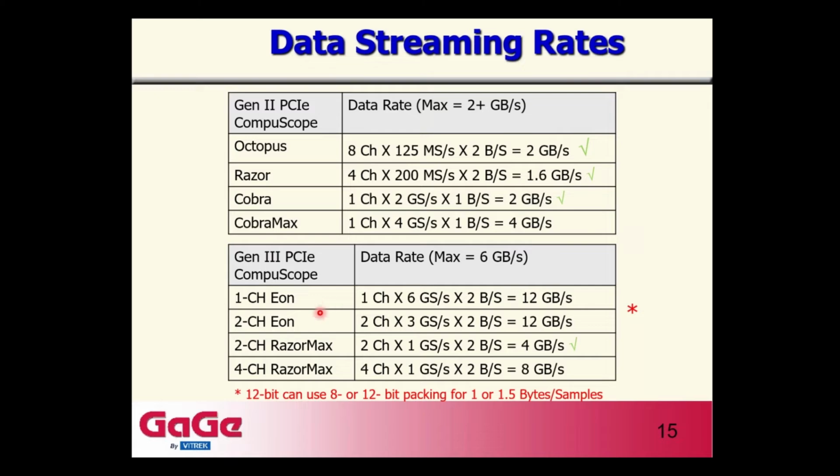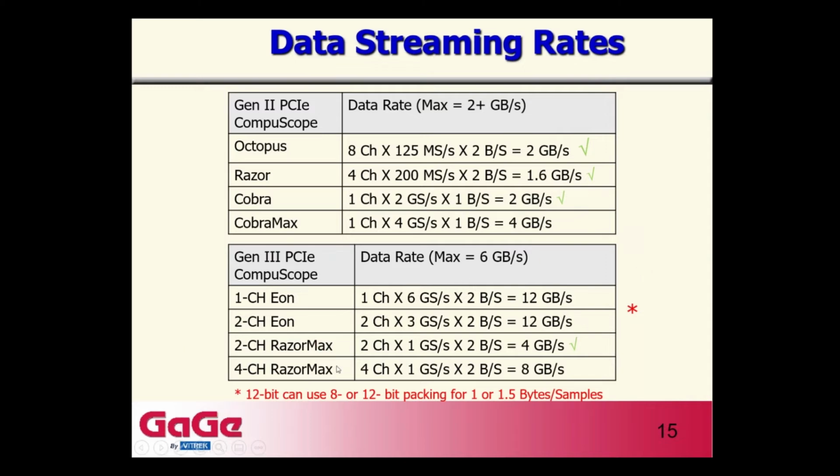So if we look at our Eon card, it can actually create data at twice the rate of the PCI bus, which is, again, okay. You can either back off the sampling rate if you want to stream continuously, or if you're taking short waveforms, you can take waveforms only 50% of the time, and then you will be creating an aggregate data rate that is within the speed limits of the Gen 3 PCI Express bus.